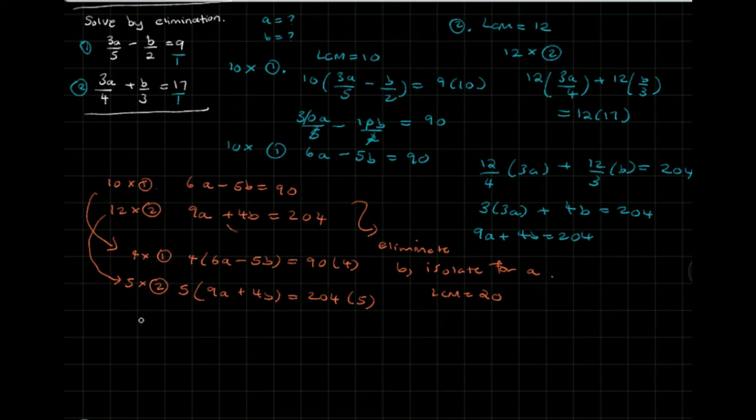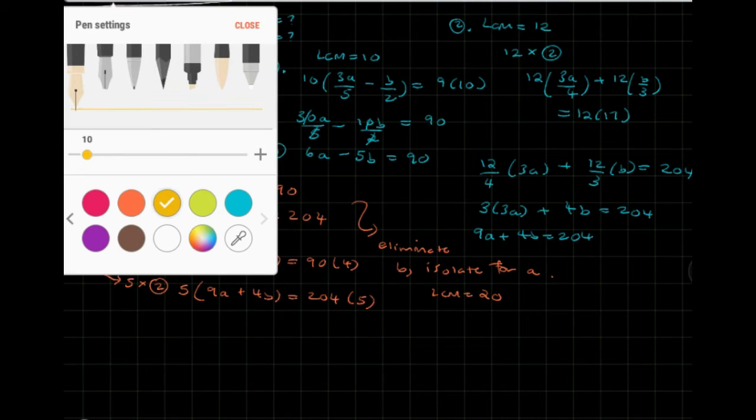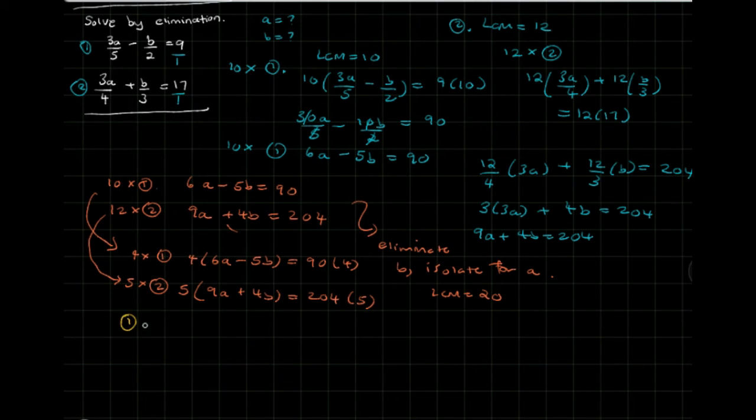Okay, so let's simplify this out. So this is our new equation 1. Let's change colors just to show that we've done a transformation to this. Our new equation 1 is going to be 4 times 6a, which is 24a, minus 4 times negative 5b, which is 20b, is equal to 90 times 4, which is 360.